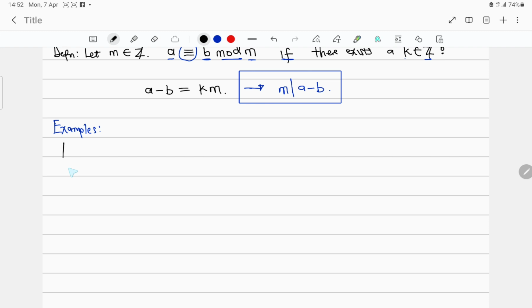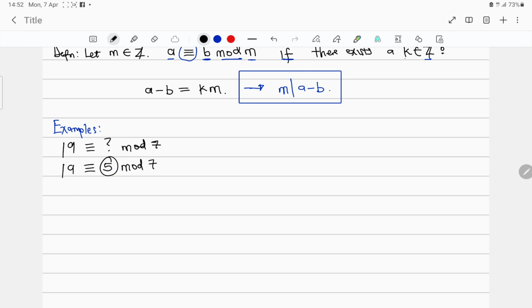If we are saying 19 is congruent to what modulo 7, we'll be trying to find the remainder when 19 is divided by 7. So this means that 19 is congruent to 5 modulo 7. The question here was, what is the remainder when we divide 19 by 7? And we got 5.